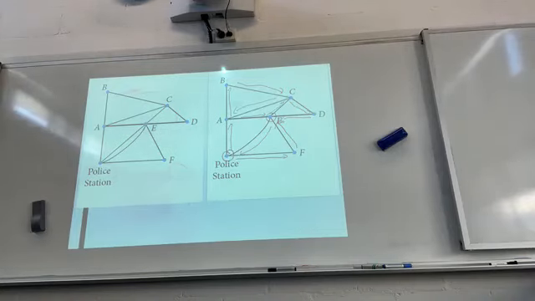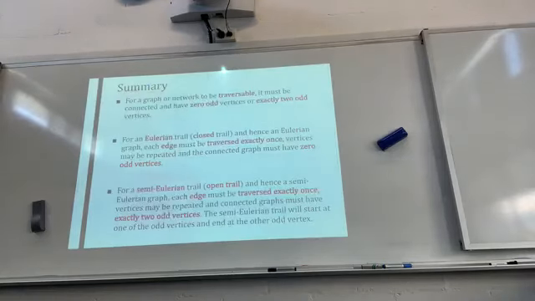Now that's all I have for you today. Hopefully, just a summary: you should remember that for a graph or network to be traversable, it must be connected and have 0 odd vertices or exactly 2 odd vertices. For an Eulerian trail, a closed trail, and hence an Eulerian graph, each edge must be traversed exactly once.